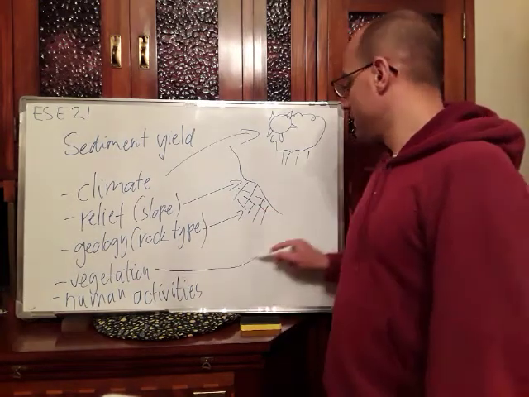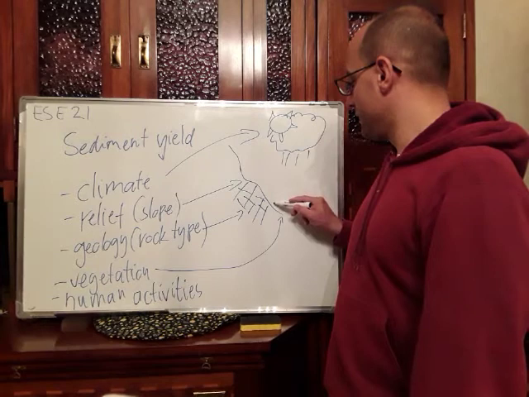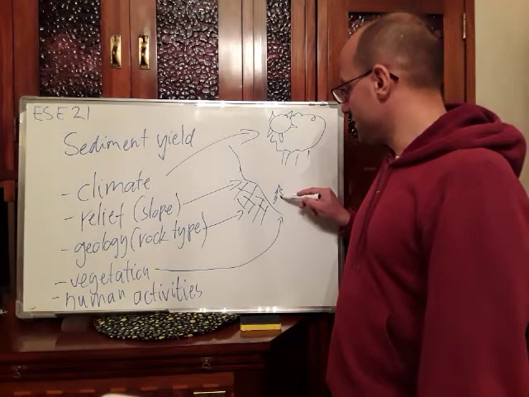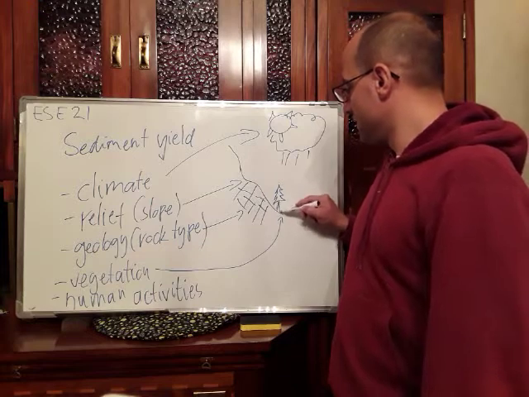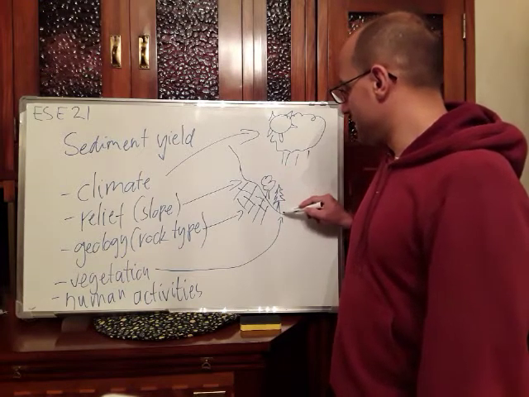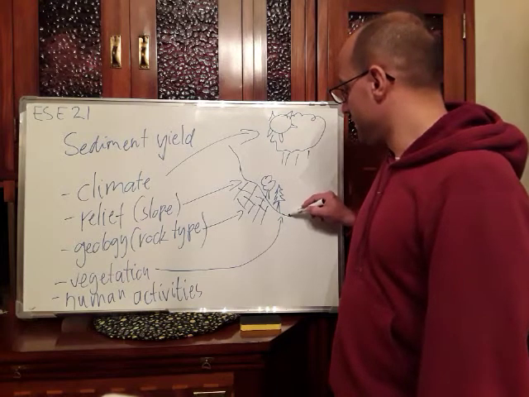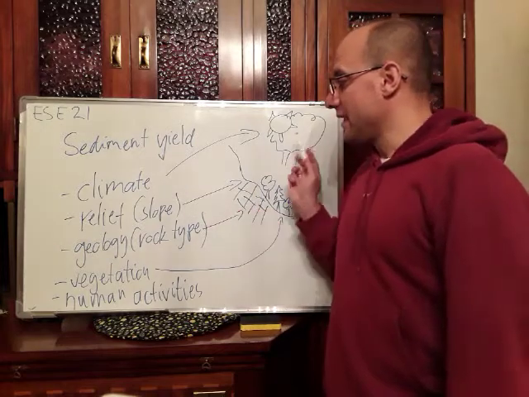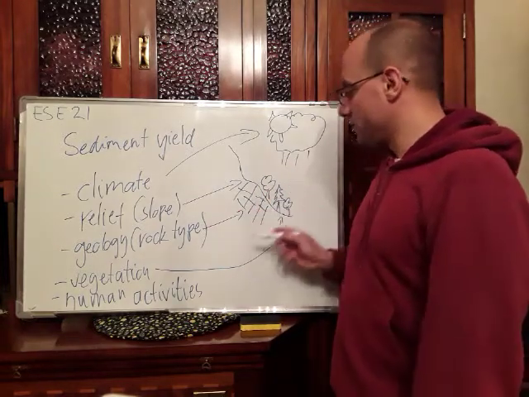Also, then here we can think about the vegetation. So the denser the vegetation, the lower the sediment yield could be, although this is in relationship with the climate as well, so it's not that straightforward.